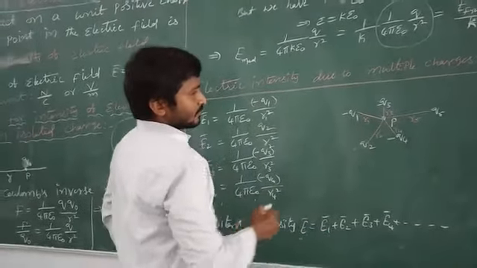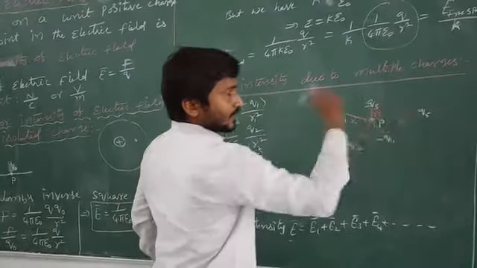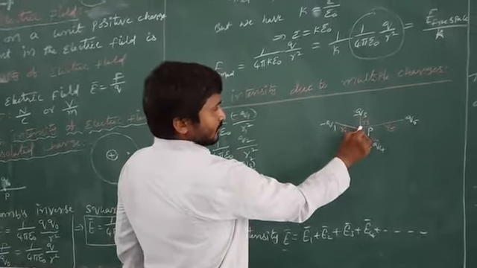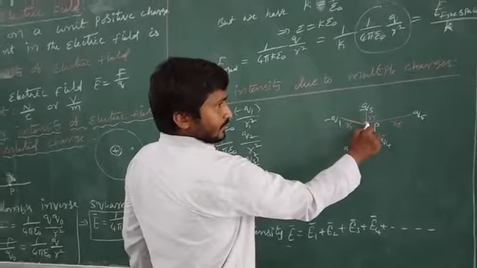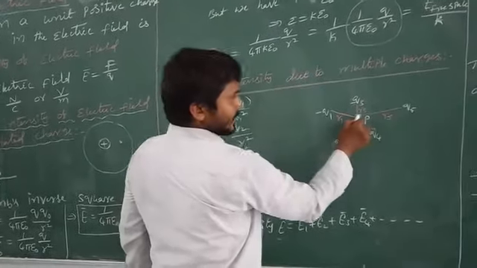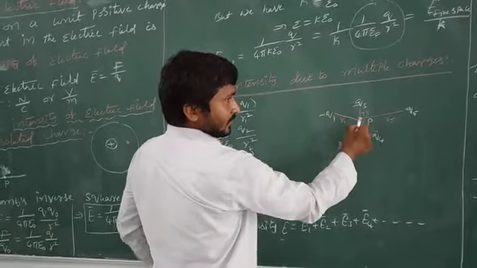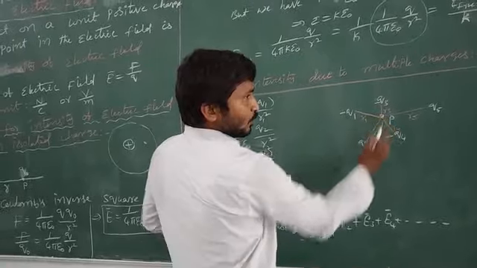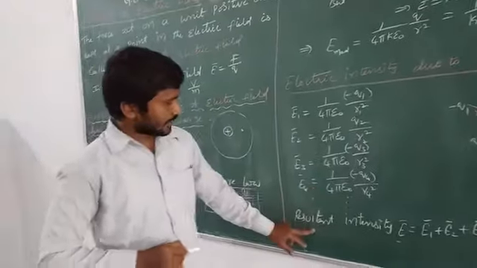To find the intensity at this point due to all these charge carriers, first we find the intensity of electric field at this point due to this charge, then due to this charge, and so on. After finding the intensity due to individual charges, we add all of them.